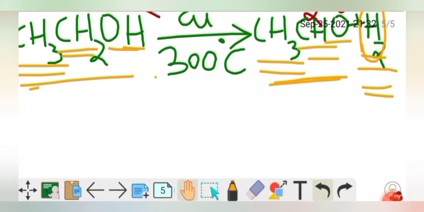Now we'll move on to the next definition, that is the reduction definition.